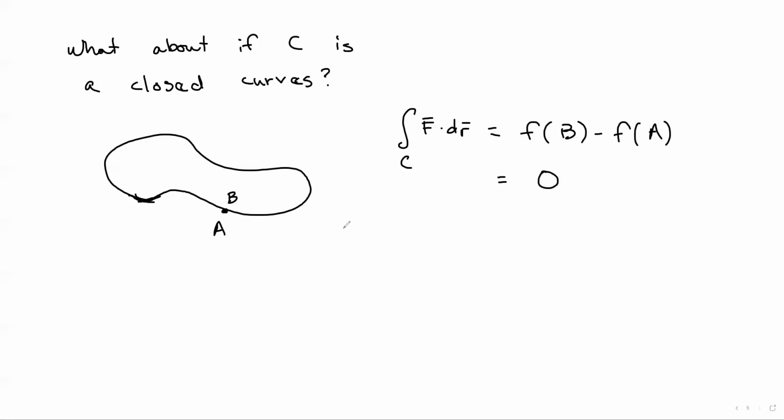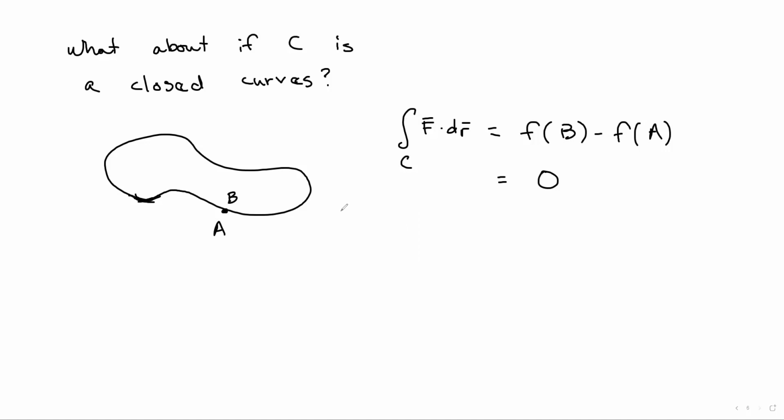So assuming we've got a conservative vector field, or a gradient vector field, and we evaluate the work integral over a curve that is closed, meaning the endpoint and starting point are the same, then you're going to end up getting 0.